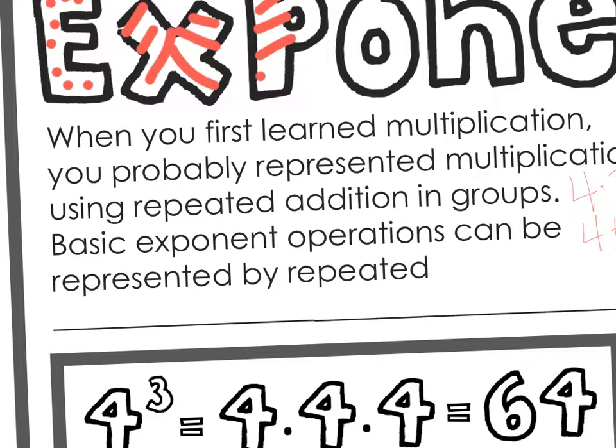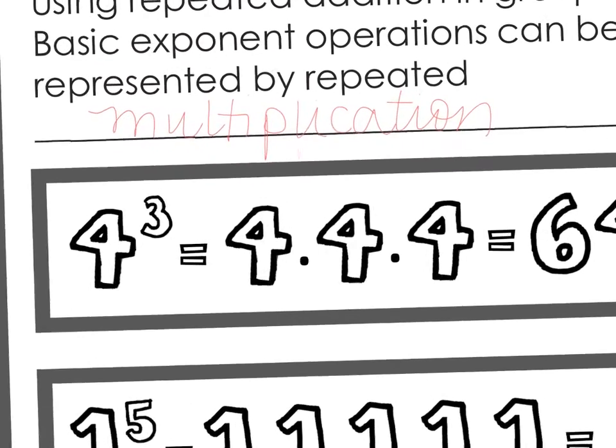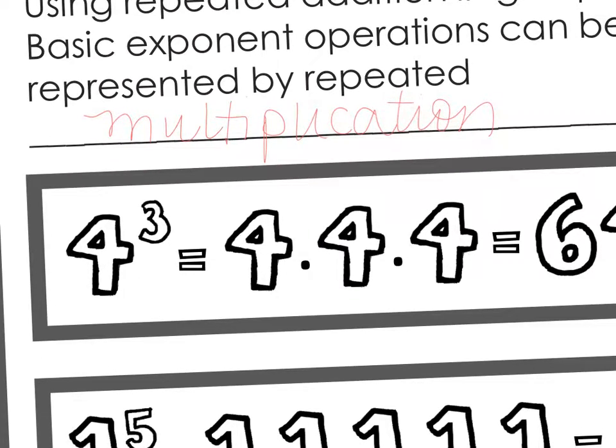Basic exponent operations can be represented by repeated multiplication. So we're going to write that in here. Multiplication. So let's come down here. 4 to the third means the same thing. When I say 4 to the third, I mean 4 with a little exponent of 3. This little 3 tells me that I could rewrite that as a multiplication problem.